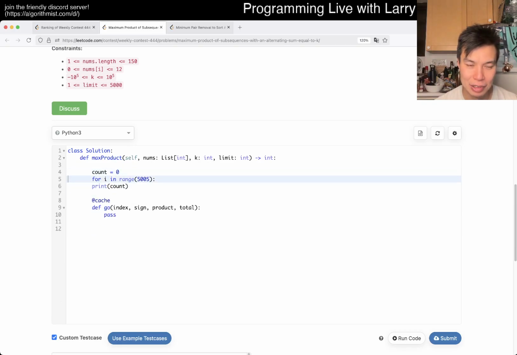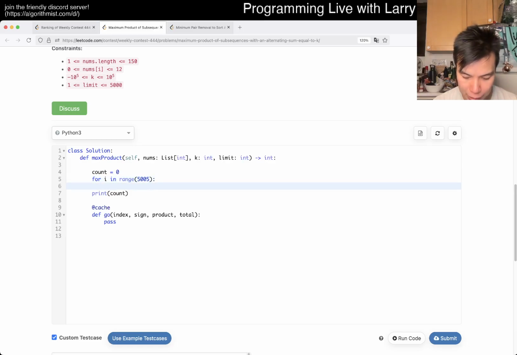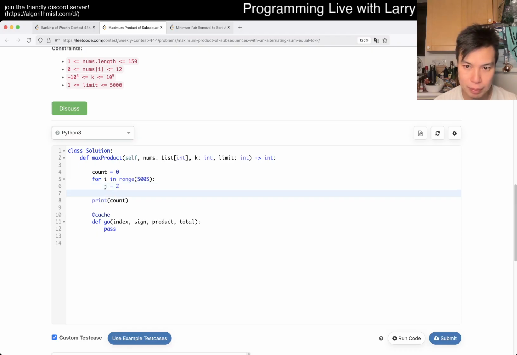Right. So okay, so now, j is equal to 2, right? Okay, we start from 1, it doesn't matter.